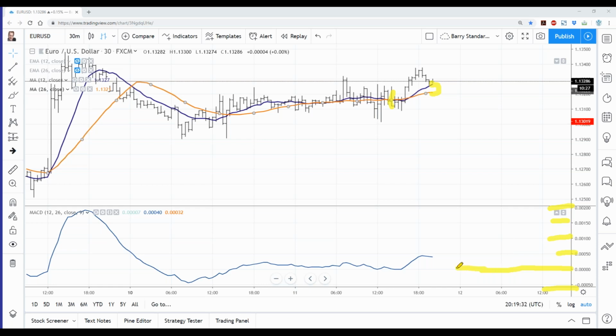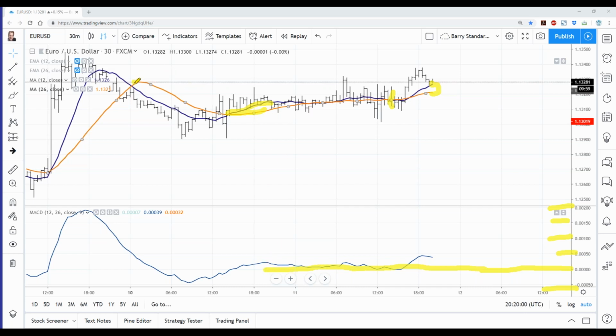So whenever this MACD line below is at 0, that's telling us the two moving averages are crossing. When the shorter period or the 12-period moving average is rising above the 26-period moving average, it would be above the 0 line or be a positive number.